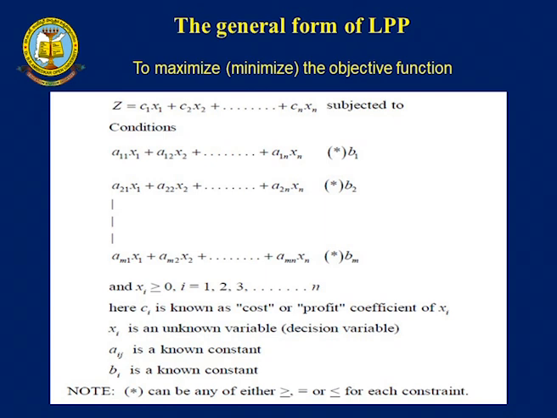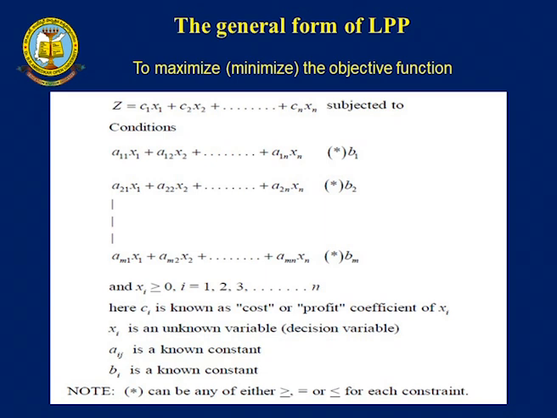Similarly, the second constraint: a21x1 plus a22x2 plus a23x3 plus up to a2nxn, either less than or equal to, or greater than or equal to, or equal to b2. Like that we take up to the mth constraint. The last, mth constraint will be am1x1 plus am2x2 plus am3x3 plus up to amnxn, again either less than or equal to, or greater than or equal to, or equal to bm.